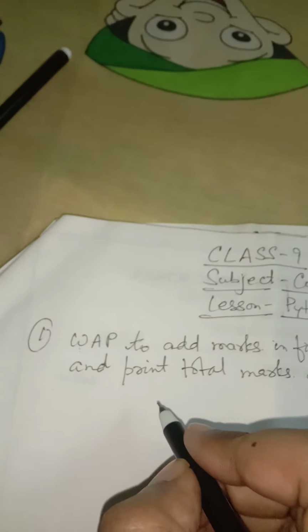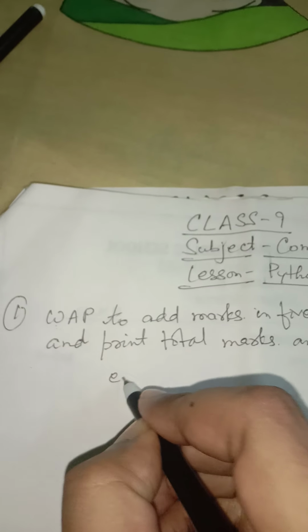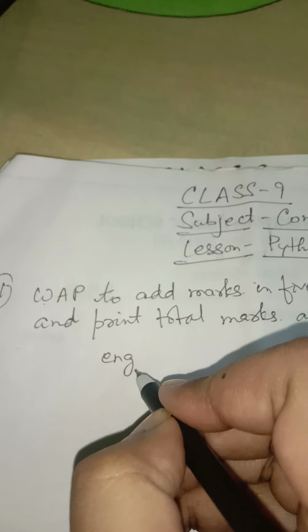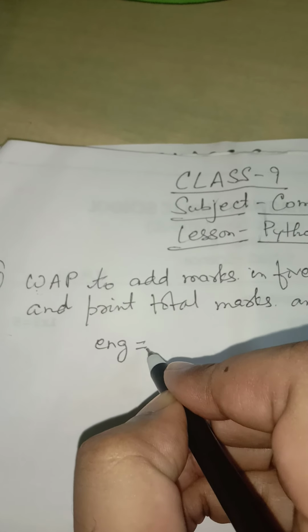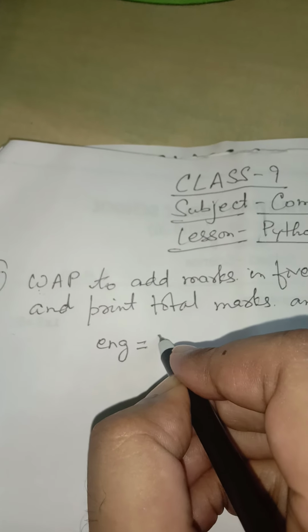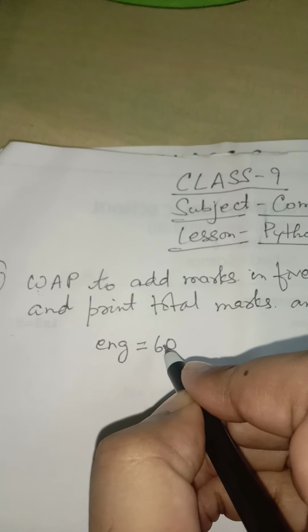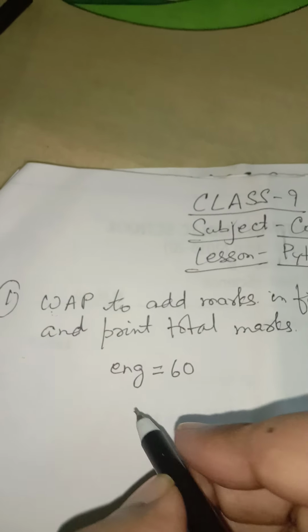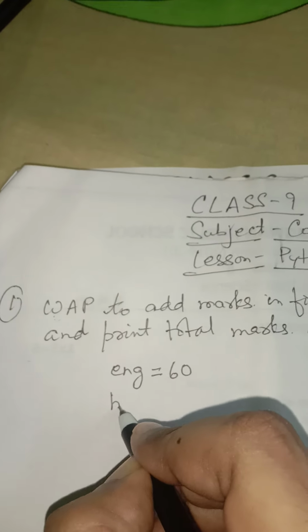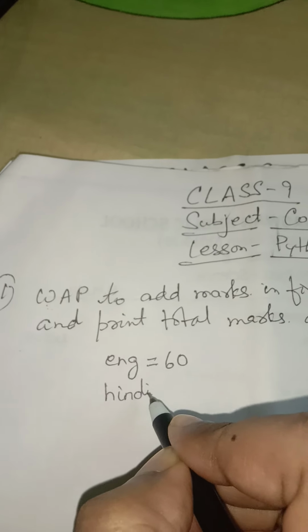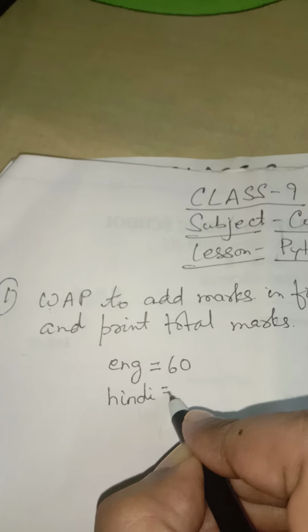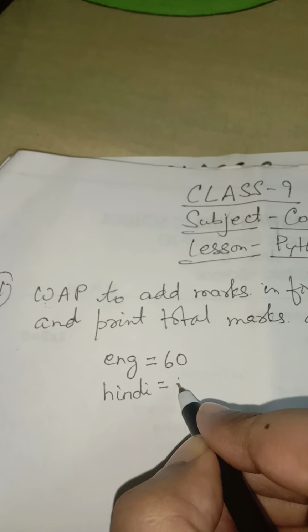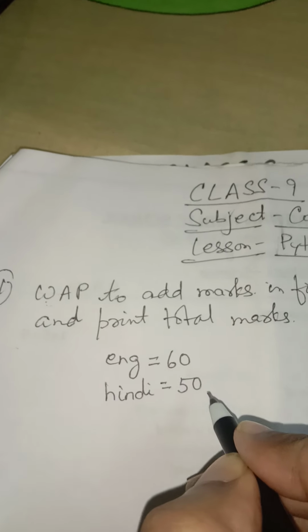So the first variable that I am going to take is ENG. Suppose ENG is for English. It is a variable name. We have used the assignment operator over here, and suppose 60 is the value that is assigned to the variable ENG. Now the next variable that I am going to take is Hindi. Hindi is the name of a variable, assignment operator over here, and then 50.